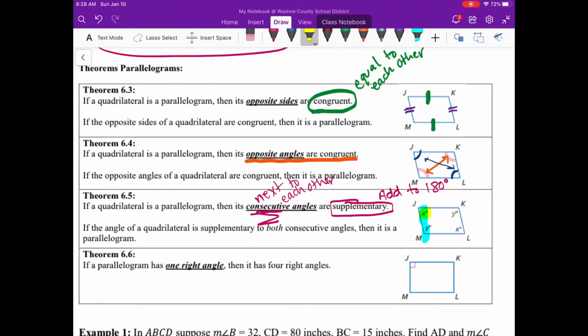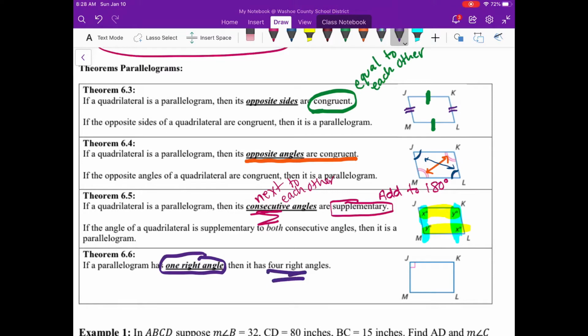This would be a pair of consecutive angles, so together those would add up to 180. These next to each other like that also are supplementary. Okay, so you're going to have more than one set of consecutive angles, and you're going to have to do the math that way to solve for 180.